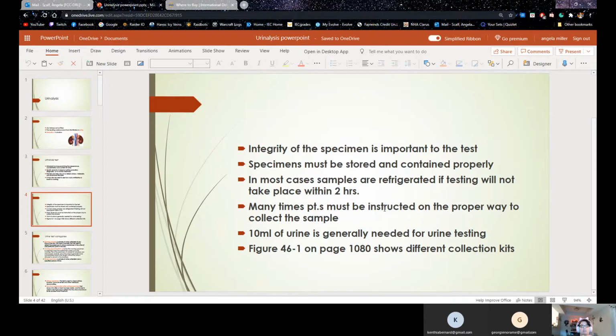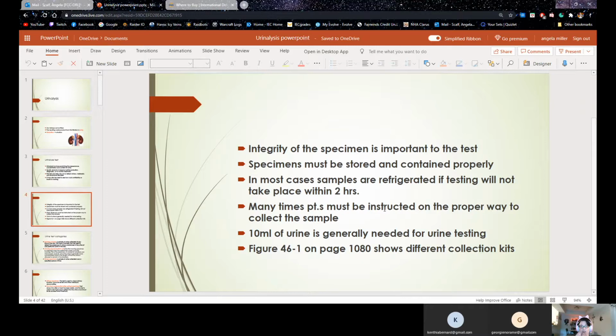There's a minimum. Everybody always wants to know, how much urine should I put in this cup? Most of the time we get it all the way full. We don't need it all the way full, but we also don't want too little.